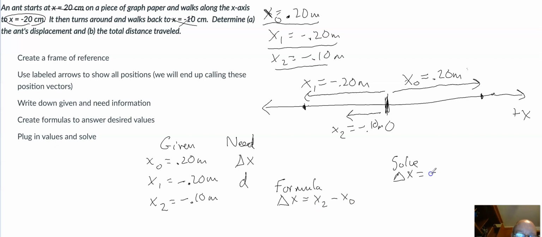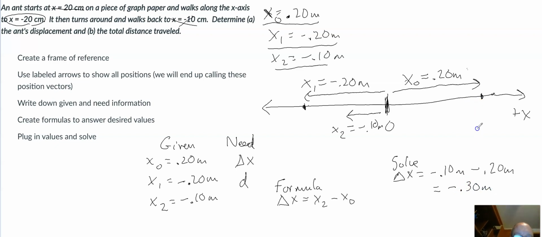That was negative 0.10 meters minus my initial position, which was 0.20 meters. So my displacement, negative 0.1 minus 0.2, is minus 0.30 meters, right?